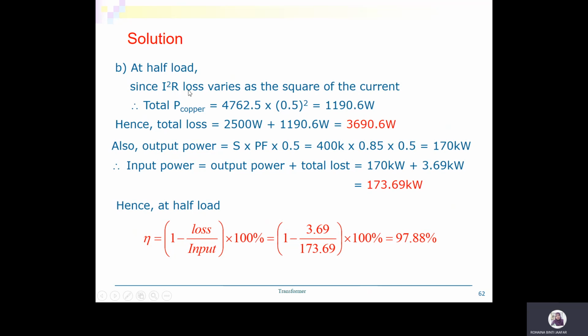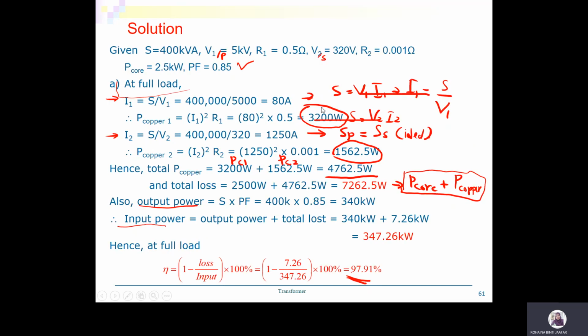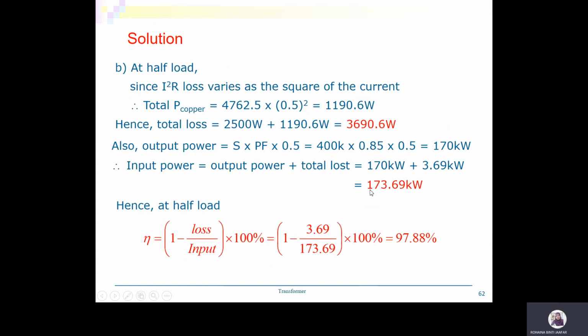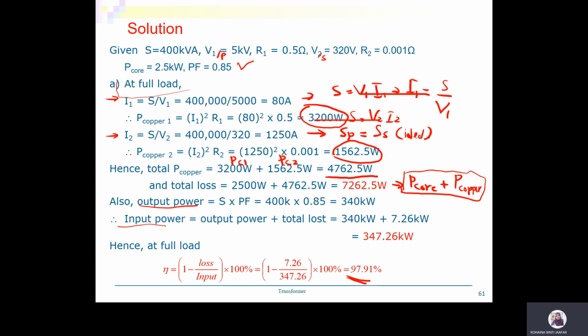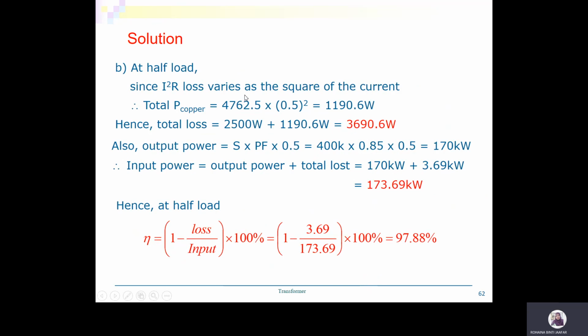So to get the total copper loss, you already calculated at full load 4762.5, times 0.5, your winding resistance ratio, squared.